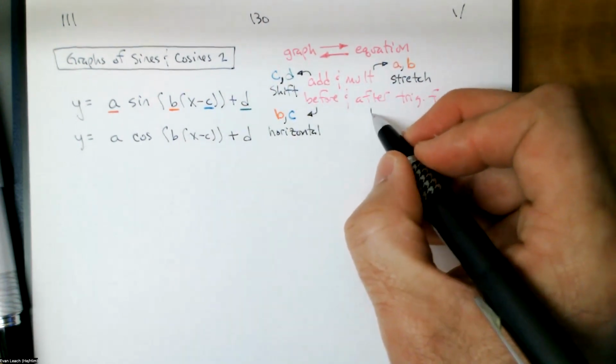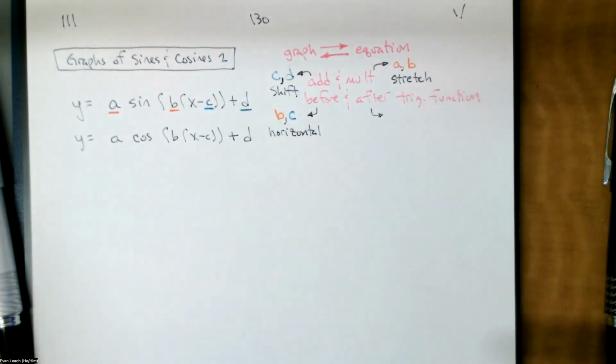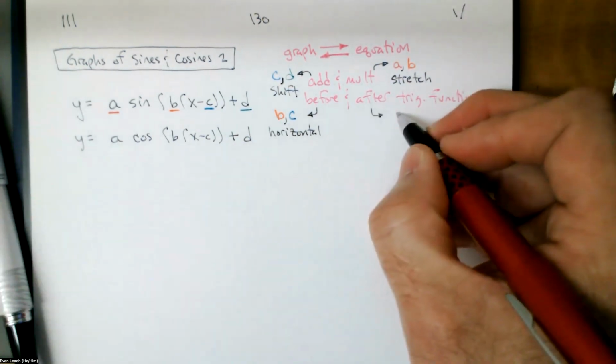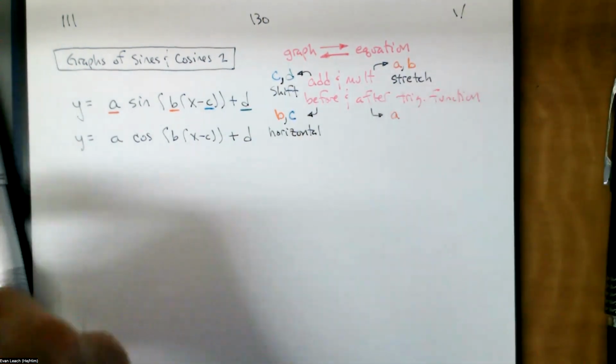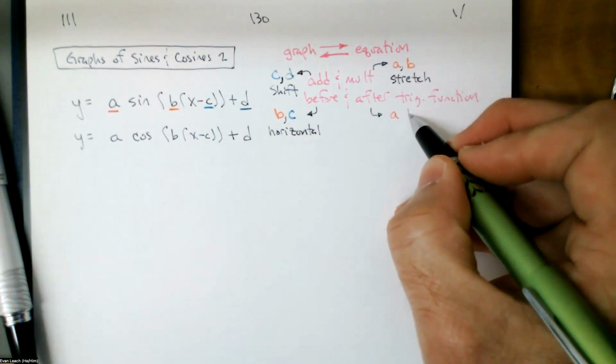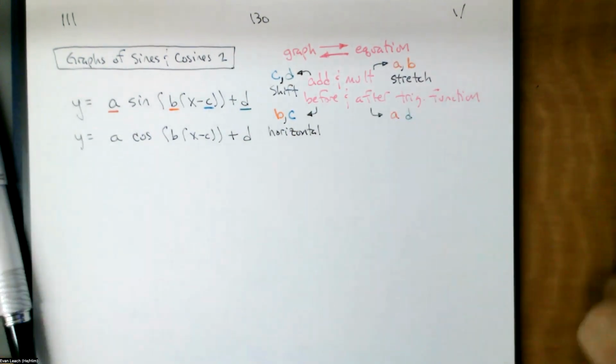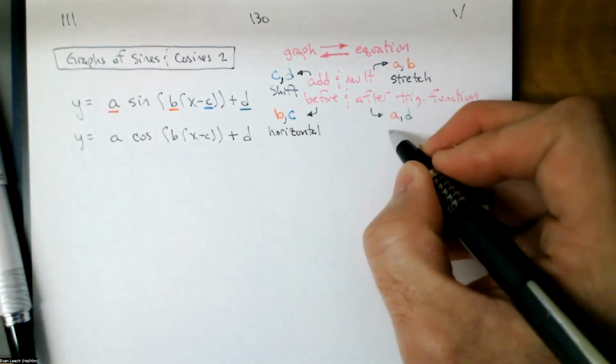The changes that come after the trig function, which are A and D, are going to be vertical changes.